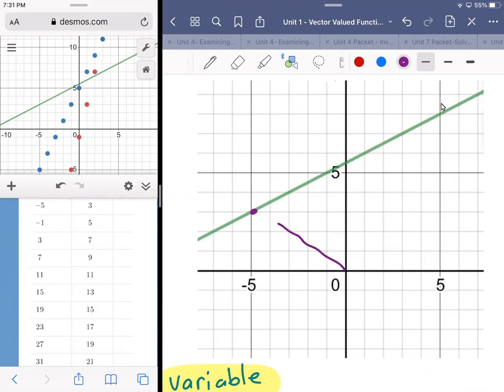I'm plotting a point and connecting that to the origin, making a vector. All right, so that's negative 5, 3. Then maybe the next one that I choose is negative 1, 5. About right, well, exactly right there. Okay. And then let's say the next one is 3, 7. That would be the point over here, roughly here, exactly there.